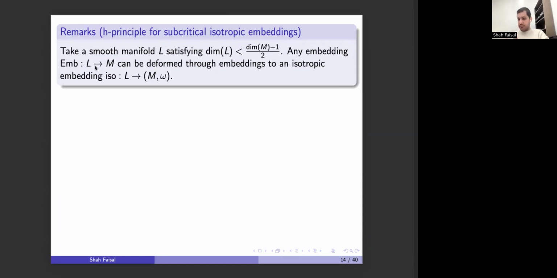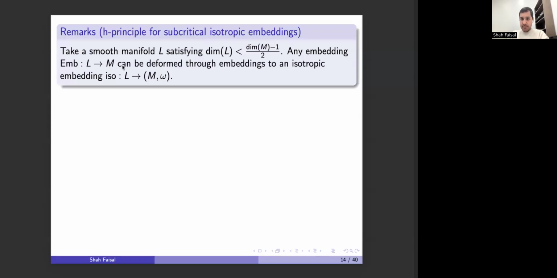Of course, there are some homological assumptions one should make here, but what I want to say is that the only obstruction to deforming a smooth embedding to an isotropic one is purely topological. There is no symplectic obstruction. This is called the h-principle for subcritical isotropic embeddings.